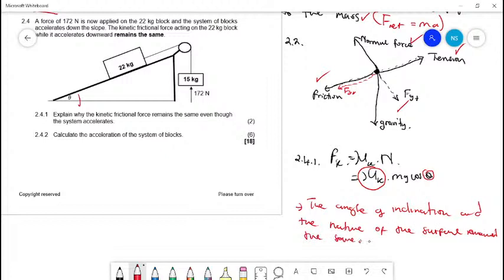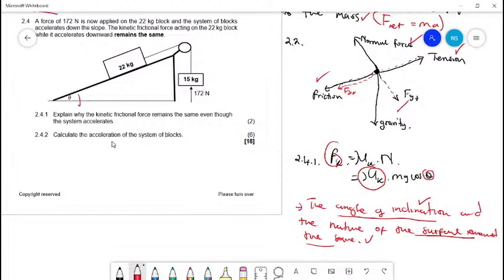They remain the same. So if the nature and the angle of inclination don't change, for sure the Fk won't change. So that's the reason that they wanted. Obviously, they want you to talk about the angle of inclination, you get a mark for that, and also talk about the nature of the surface remaining the same. So that's how you get your 2 marks.